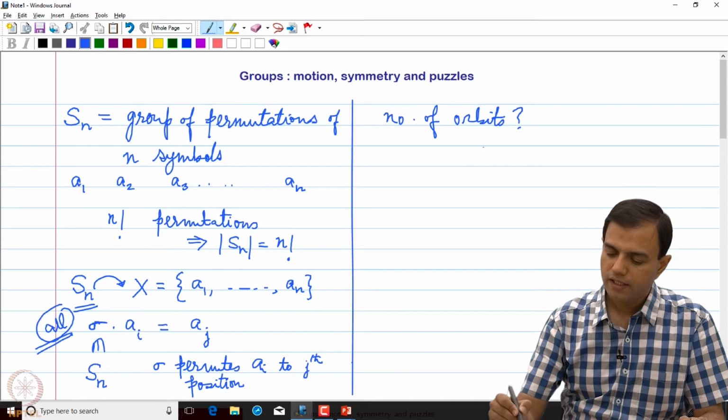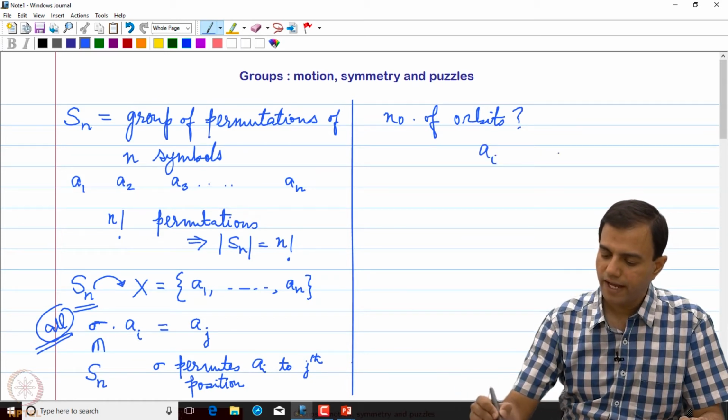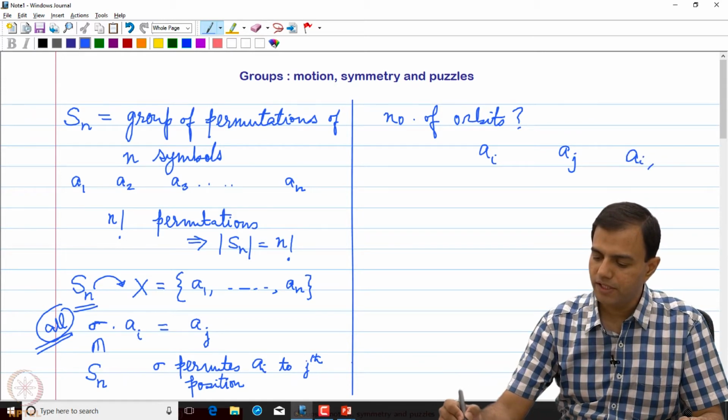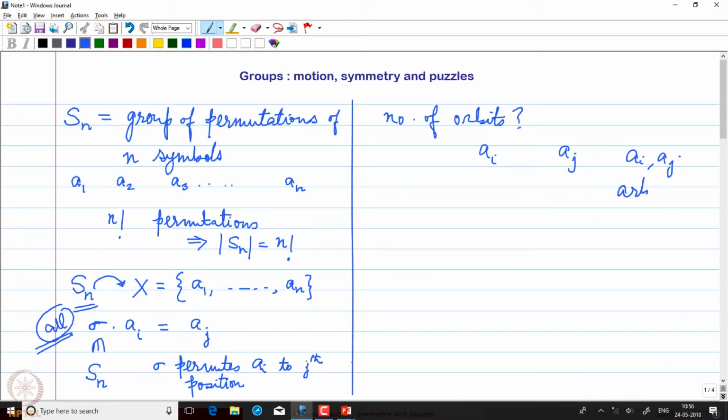Therefore, given any two symbols, Ai and Aj arbitrary, there exists a permutation sigma that moves Ai to Aj, with the property that when sigma acts on Ai, what you have is Aj.